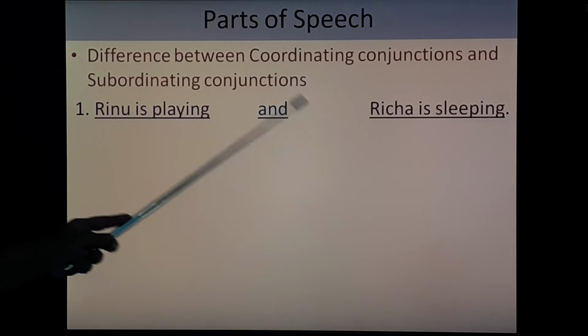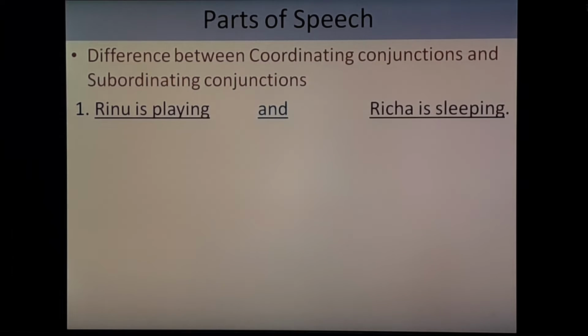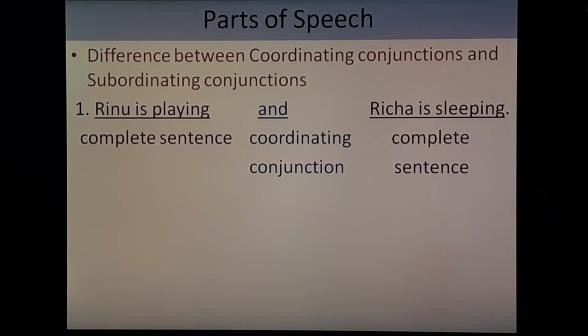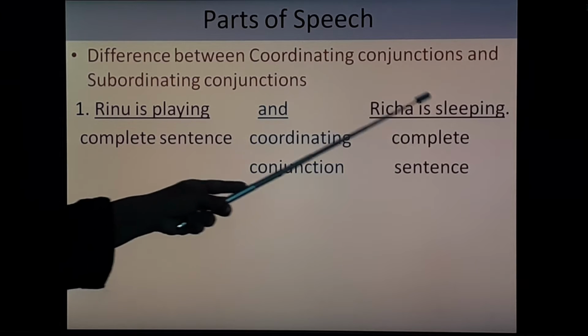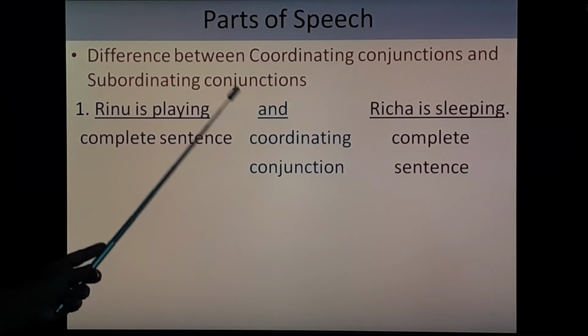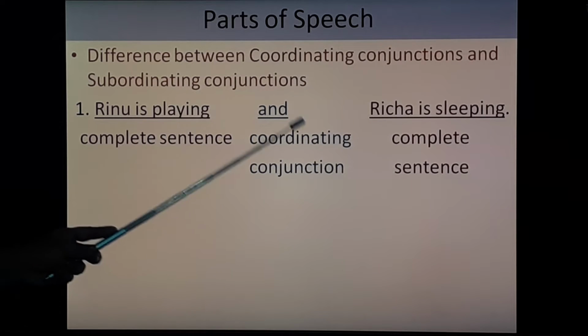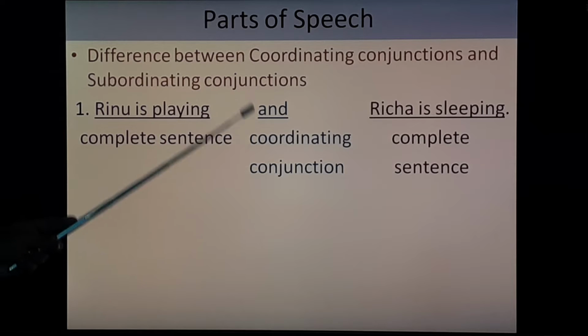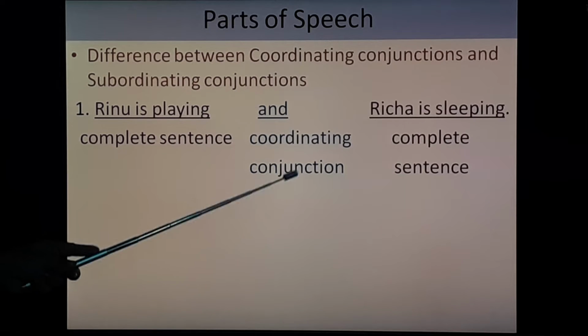They are joined with the help of 'and'. Renu is playing is a complete sentence. Richa is sleeping is also a complete sentence, and both of them have equal importance. That's why they are joined with the help of 'and', and that is why 'and' is called a coordinating conjunction.